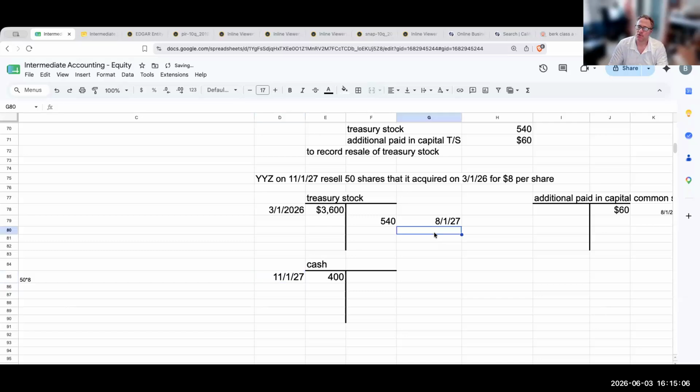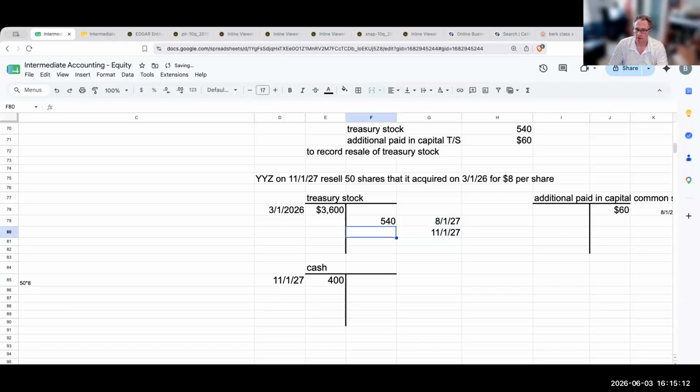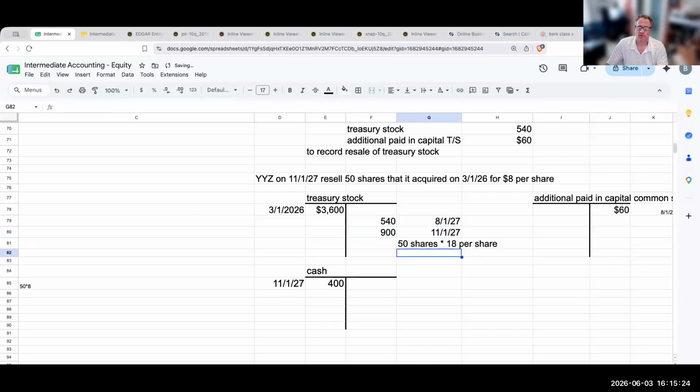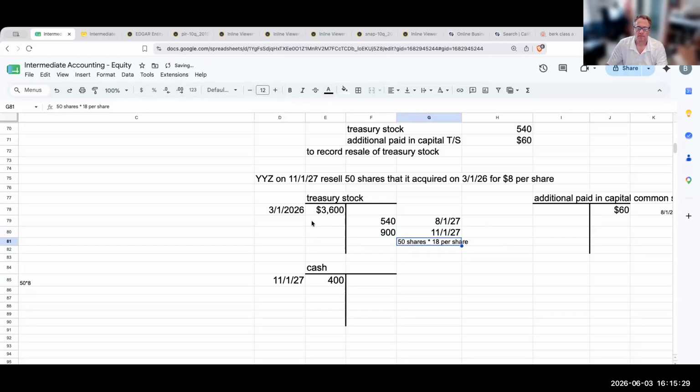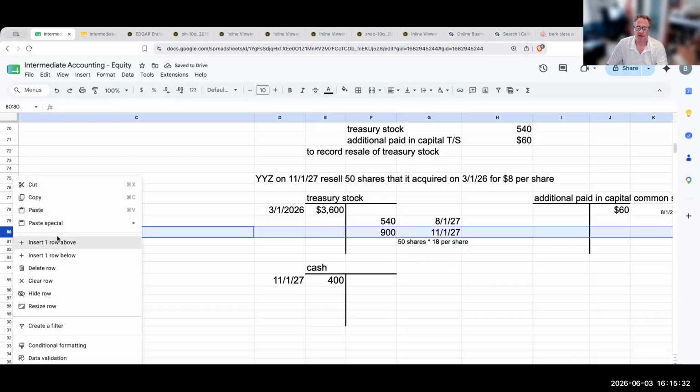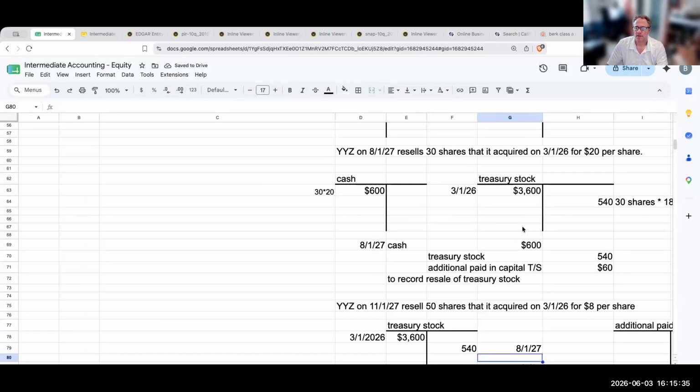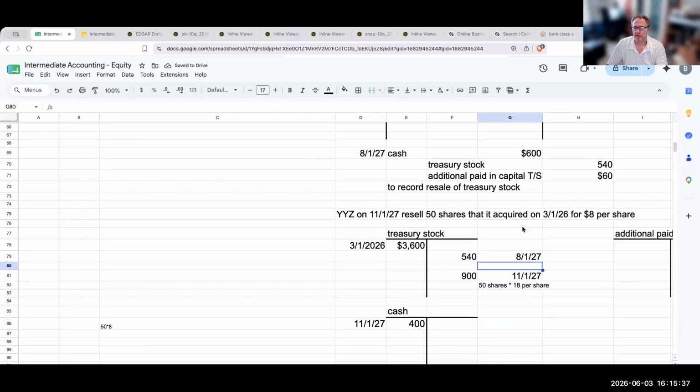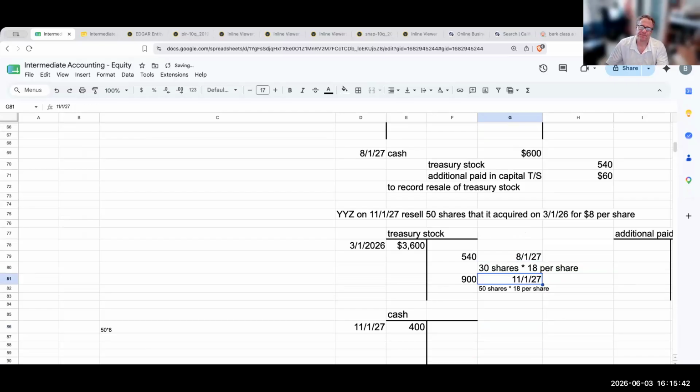When it comes to recording Treasury stock, I'm always going to record what I originally paid for it. Originally, I did 50 shares times 18. So this was the sale that related to 11/1/27. Just to clarify, this was essentially 30 shares times 18 per share.